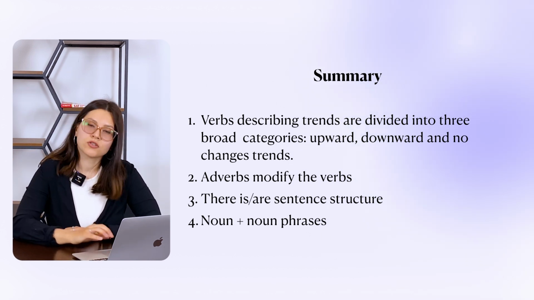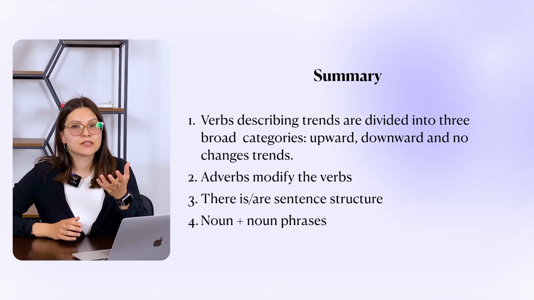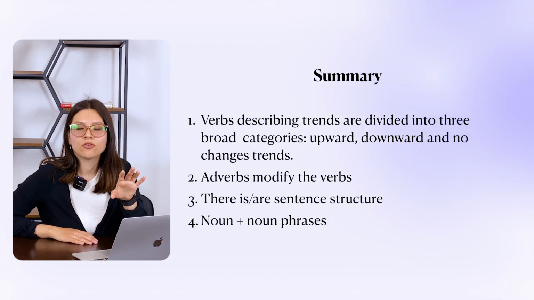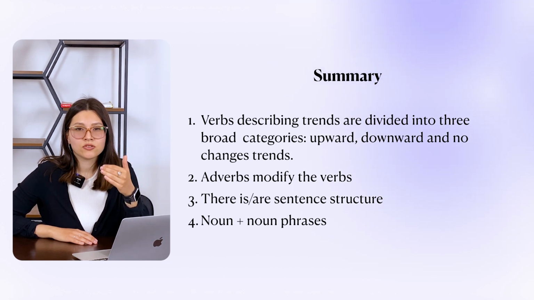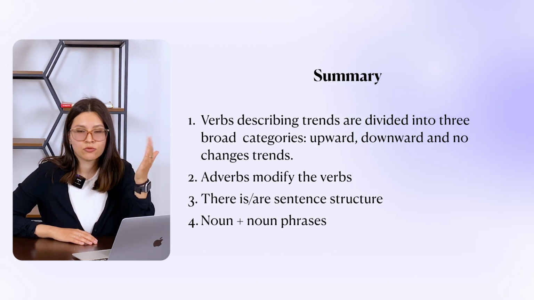Then we've also talked about verbs and adverbs, which are used in order to add some characteristics or some illustration to what you actually see on the graph. All right, so it can be upward, downward, but reporting solely the verbs, meaning go up or rise or drop.